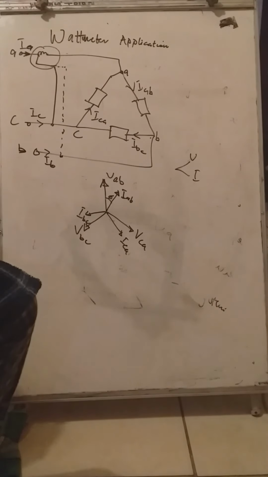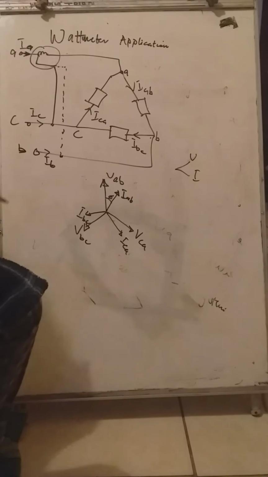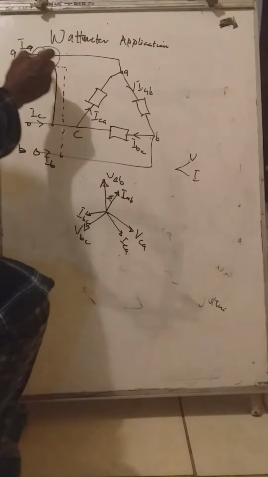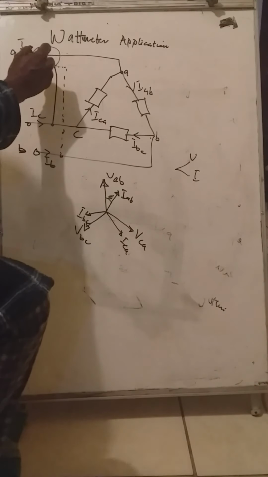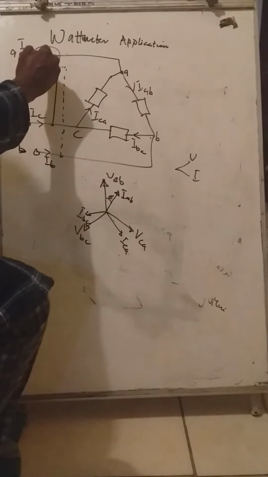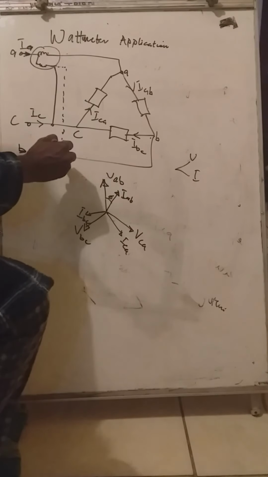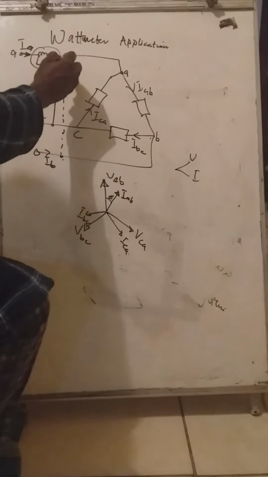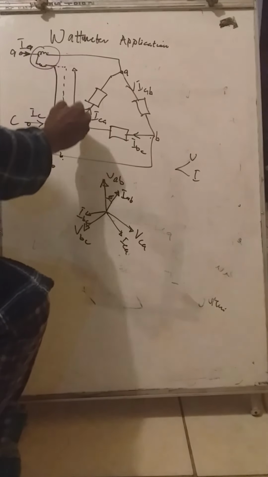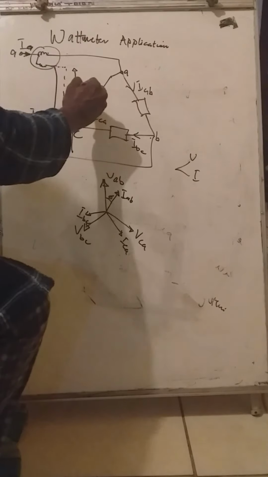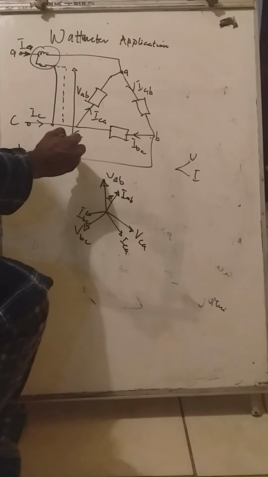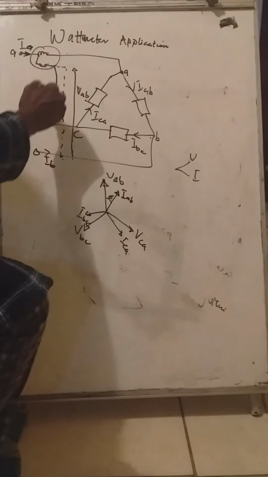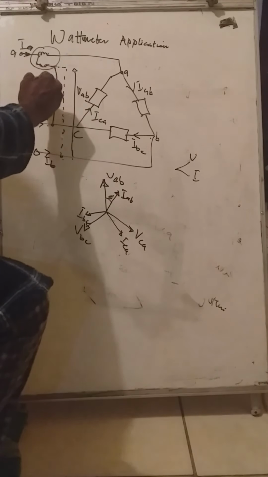Like I said, assuming the voltage leg of the coil is connected to line B, the voltage across will be VAB. If the voltage leg is connected to line B, it will be VAB. If it is connected to C, it will be VAC.